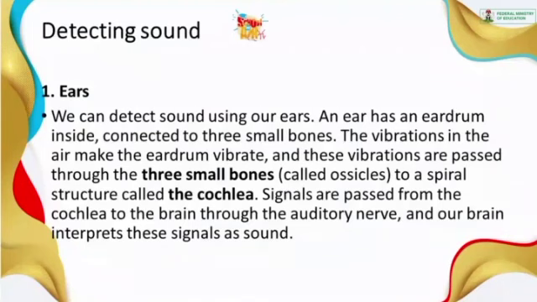Now when it comes to detecting sound, how can we detect sound? One of the primary ways for us as human beings to detect sound is not through our eyes, not through our nose, it's through our ears. That's why the ear is a sense organ that helps us to hear sound. Sound of people talking, laughing, sounds of animals.